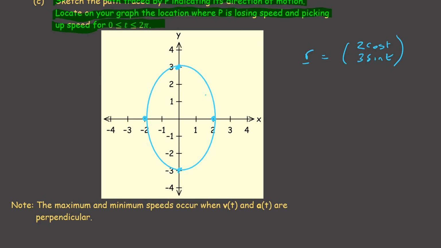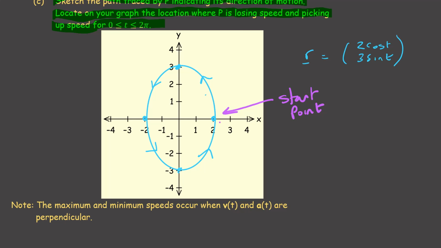Okay, so we know that the start point was here, and that was t equals 0. Then t equals pi by 2 was up here. And so we know the direction of motion is going to be like this.